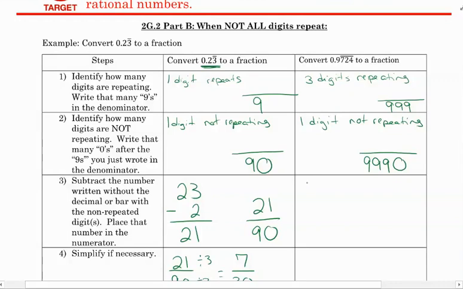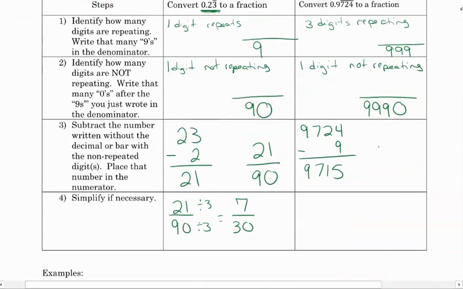And then I'm going to take that number 9724 and I'm going to subtract the non-repeating digit from that. And when I do that, I get 9,715. So that becomes my numerator, 9,715 divided by 9,990.